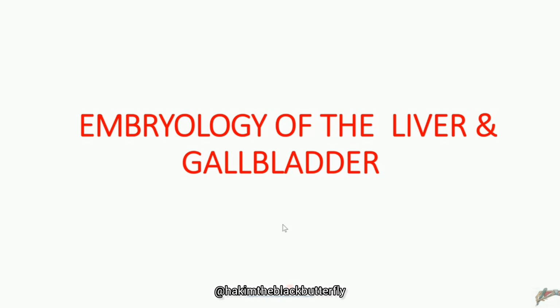Someone is asking here, any other cause of gallstones apart from genetics? I think I've already talked about this. Yes, the genetics, the family history, that's one. Obesity, it's a risk factor. Okay.